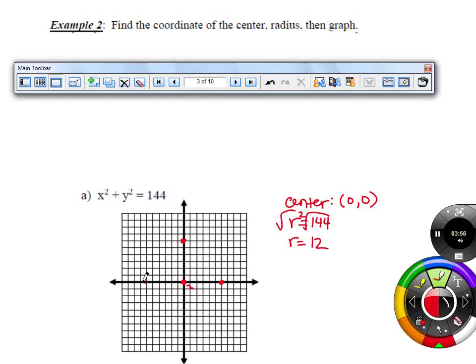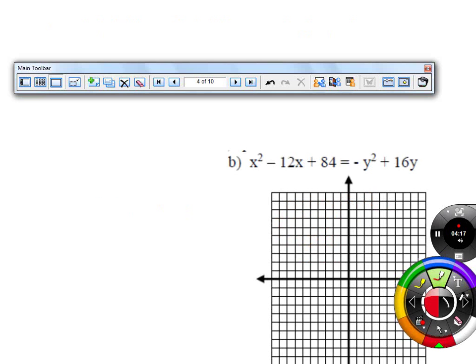Over to the left would be another point, and below. And then I'm going to go ahead and sketch the circle that goes through these points. I am not very good with this, and I always end up with one kind of lopsided section of my circle, but you get the idea. So basically, we need the center and those 4 points to sketch it.